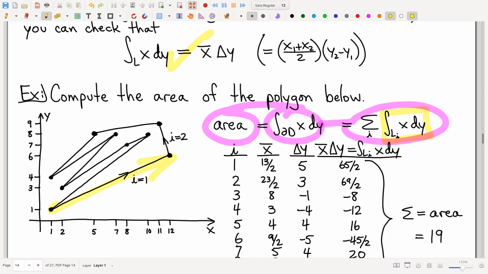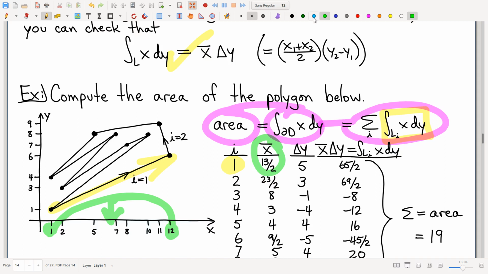And look how easy it is to actually do this. So on this first piece, x bar, I have to look at the x coordinates of the boundary points, take their average, and that gives me 6.5. That's the x bar.